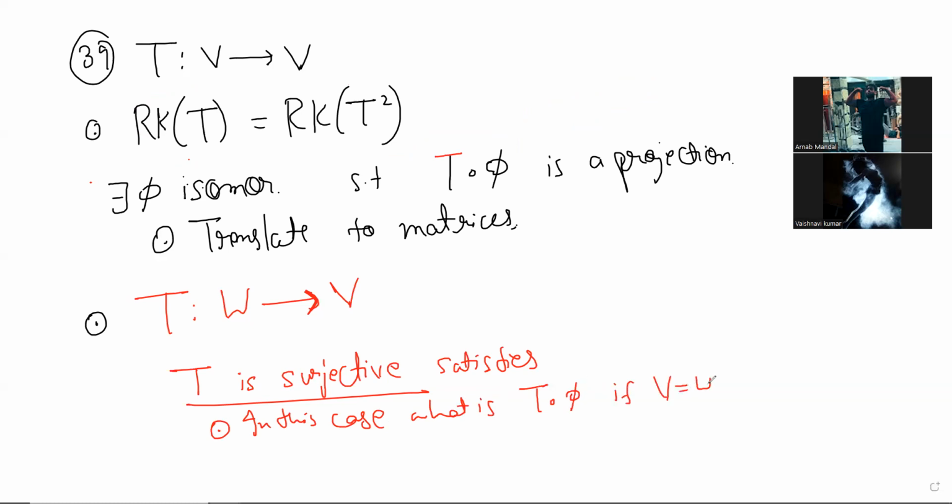So you go back to the case where V is equal to W, okay? And now there was a phi which we constructed, which was a projection. So T phi was a projection, and T was an isomorphism. But if we assume that T is further surjective, then what does this projection become? Okay, and the answer is it becomes the identity map.